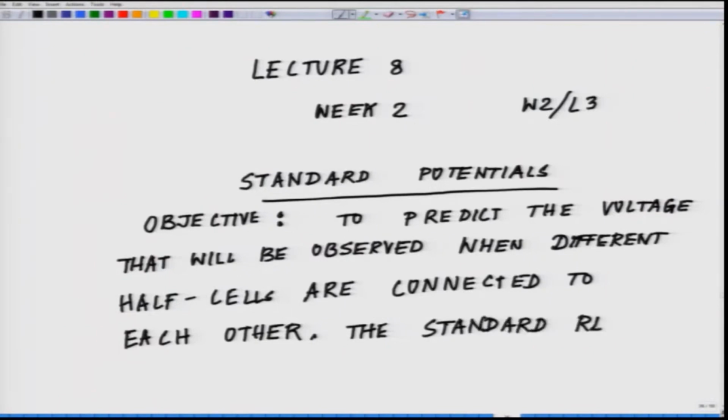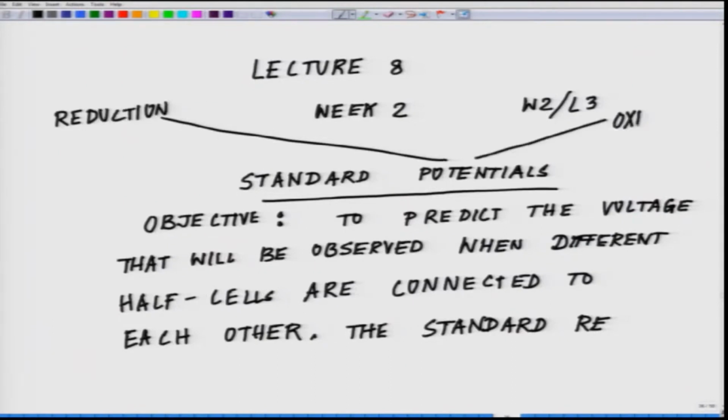So, when we talk about standard potential, it could be standard reduction potential or standard oxidation potential. I told you that you have to go by one. Either you talk about standard oxidation potential or reduction potential. Based on that, you develop the chart.